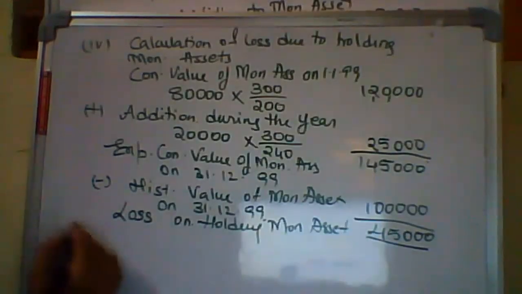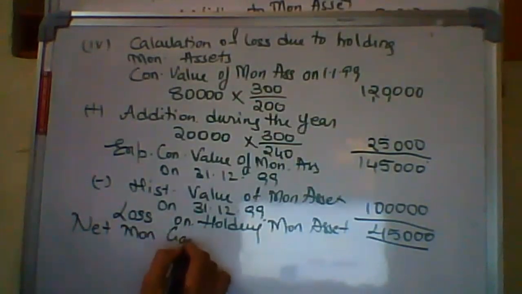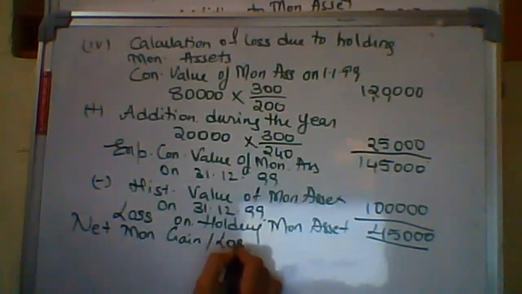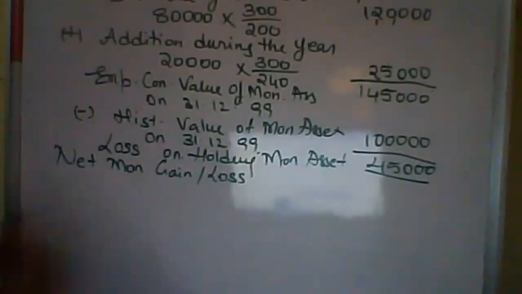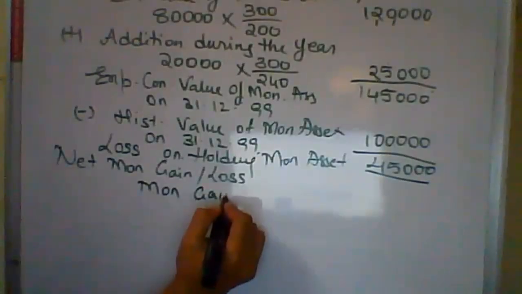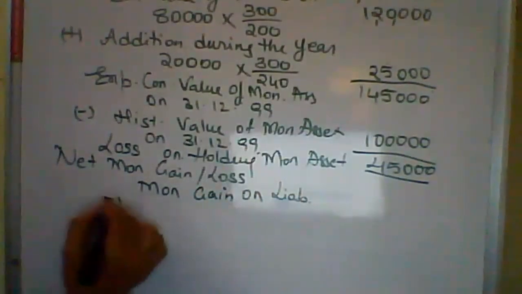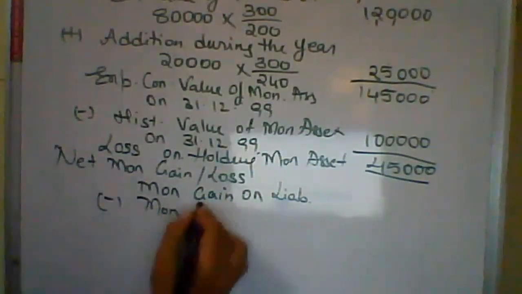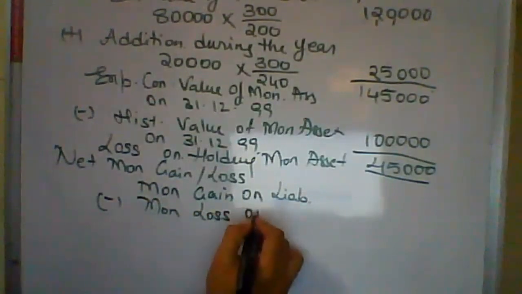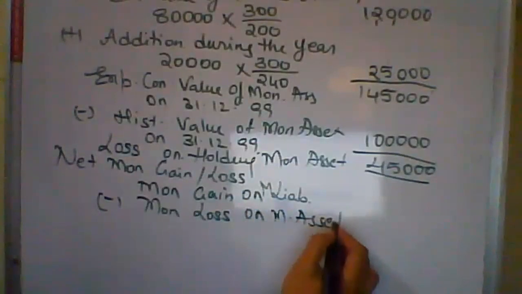Now what you should do is find out the net monetary gain or loss. How to find out the net monetary gain or loss? That is monetary gain on liabilities minus monetary loss on monetary assets.